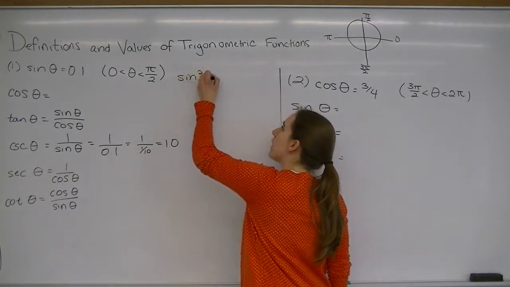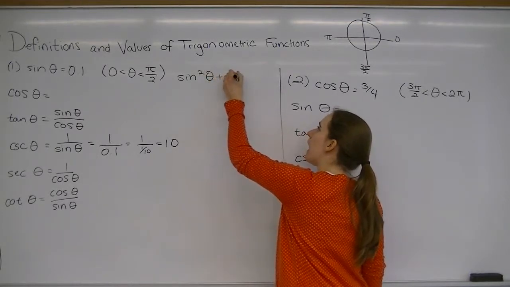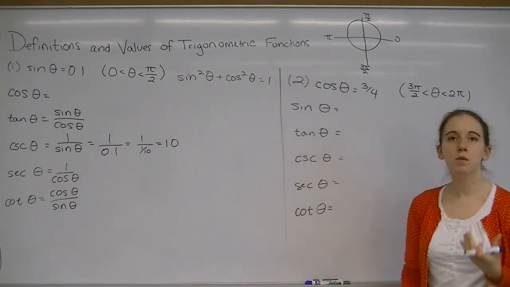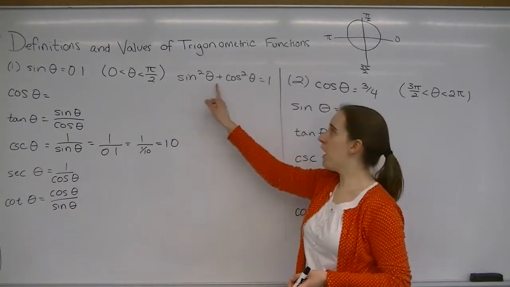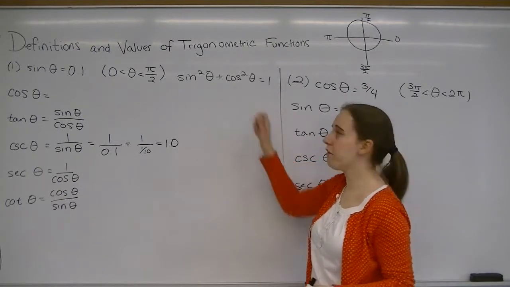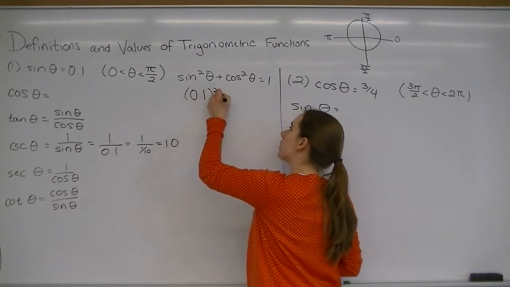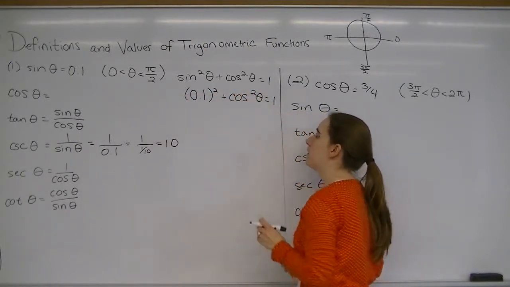It tells us that if we have the sine of theta, we square it and add the square of the cosine of theta, that's going to be equal to 1. So I know this value, I don't know this value, but it's what I want to find. So that's a good thing. So this would be 0.1 squared plus cosine squared equals 1.